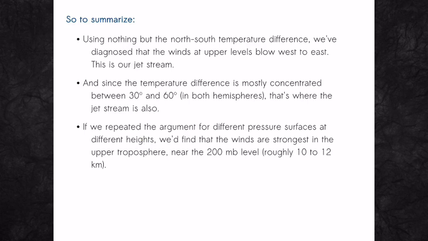So just based on our simple argument, we were able to describe basically all the properties of the jet stream. Specifically, we showed that the jet stream blows west to east, i.e. it's a westerly jet, from the west.